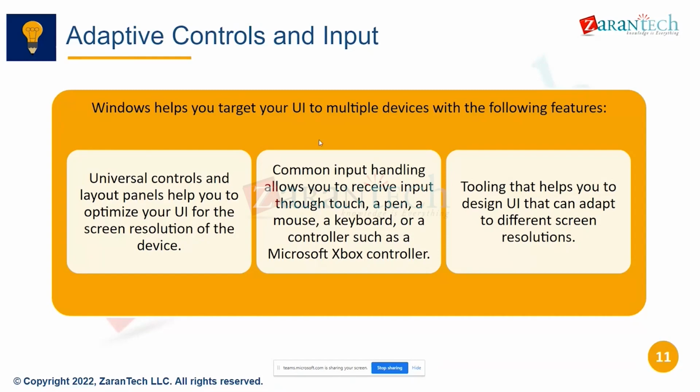So this is the same thing. We have universal controls and layout panels that help you optimize your UI for screen resolution. There are a number of types of layouts, and I will let you know for sure which layout is perfect for adaptive controls. It is not just that you use anything and it will act as adaptive.